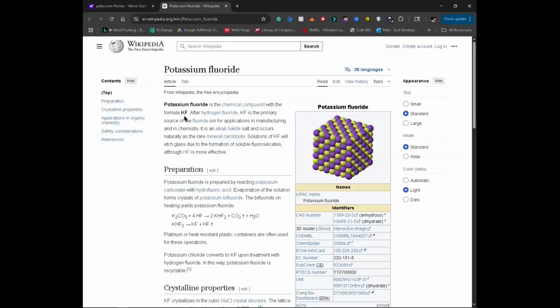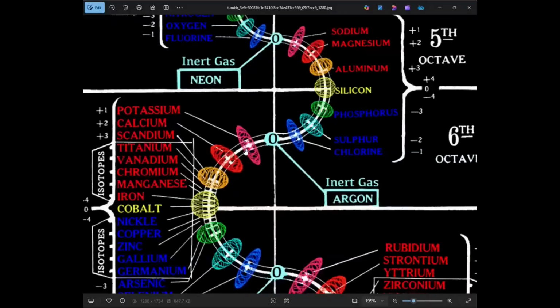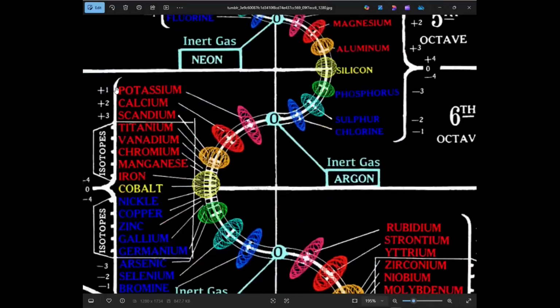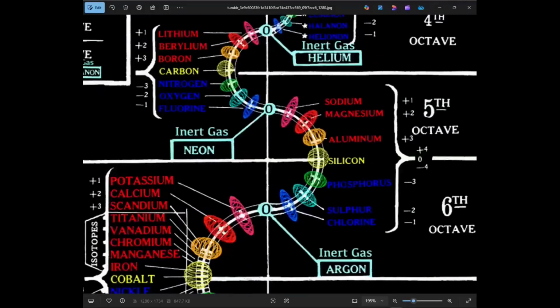Potassium fluoride is the chemical compound with the formula KF. And look at that. Since we are looking at our Walter Russell periodic table, since they're both in the first pressure zone, they should match up 1 for 1. So the formula should be KF, 1 potassium and 1 fluorine.